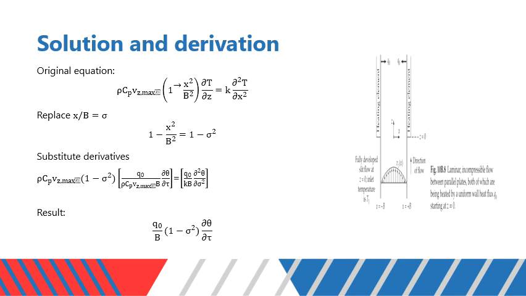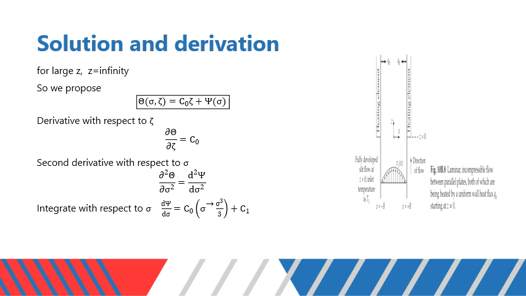So substituting at this point, we have 1 minus sigma square. After substituting everything, we will get q naught by b into 1 minus sigma square d phi by d tau. We have to derive theta with respect to sigma and tau.